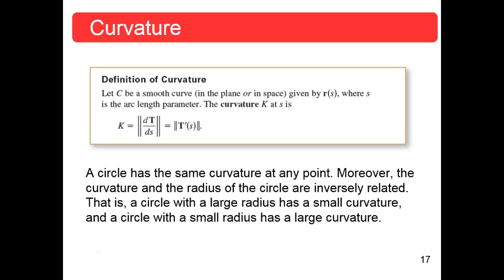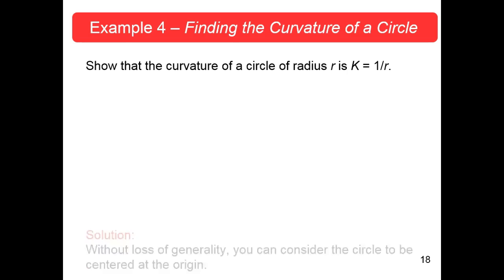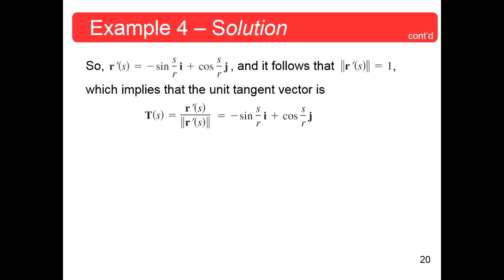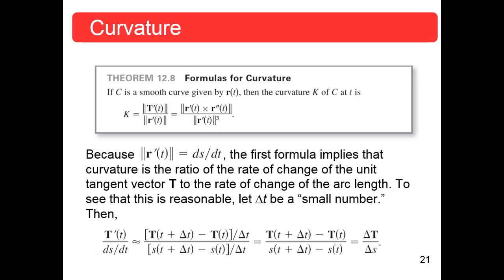The magnitude of that derivative, the change of unit tangent vector with respect to arc length. So I don't know why they went through all this to take you right back where we were, but that's what they did.